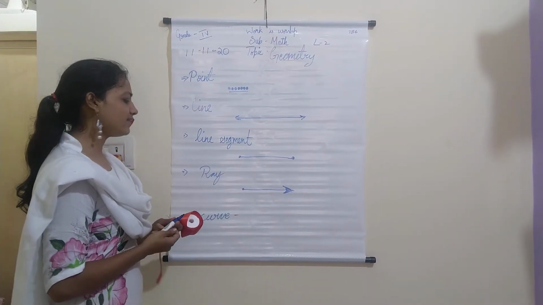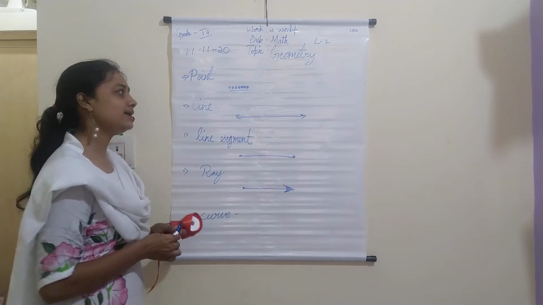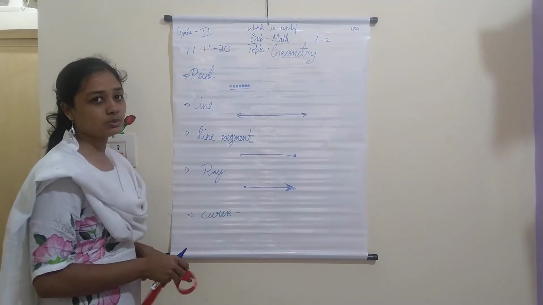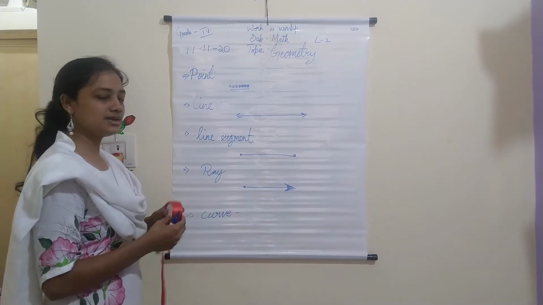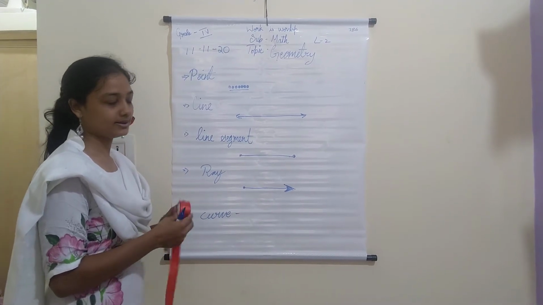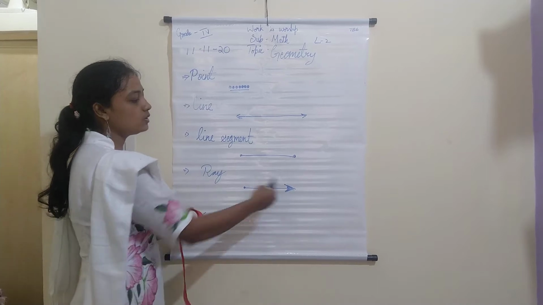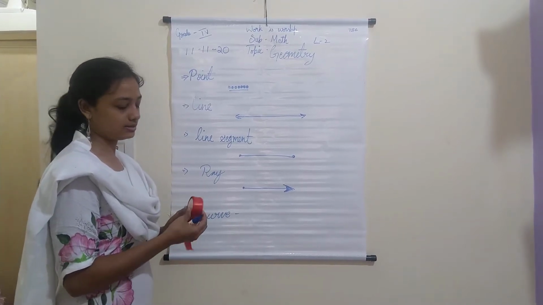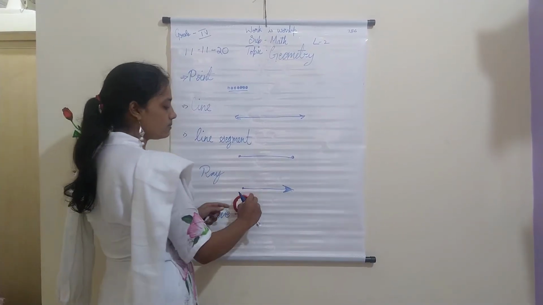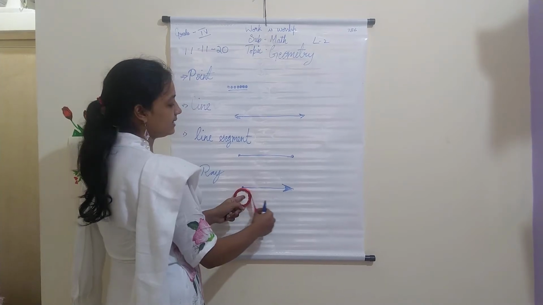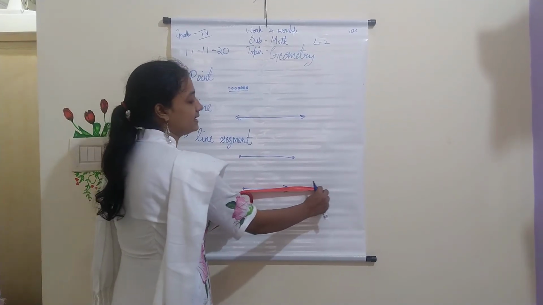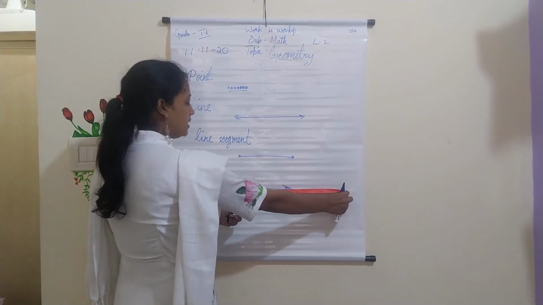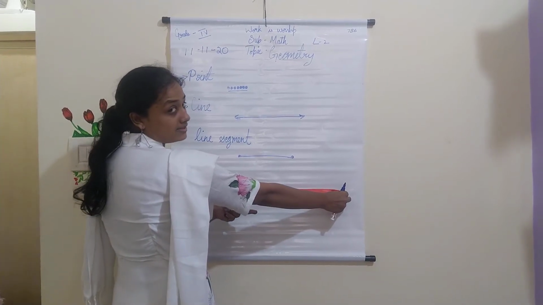Now what is this ray? Now you would have understood what this arrow mark means. It means you can extend it. So in a ray you can see only a one-sided arrow mark. That means if I start from a point, I can extend my ray only in one direction. Like I can extend it only in this direction. I can't extend it on my left side.